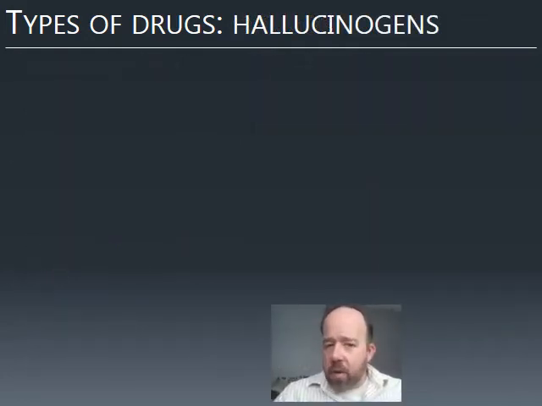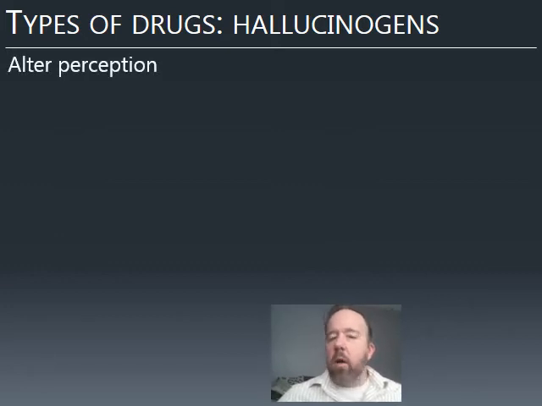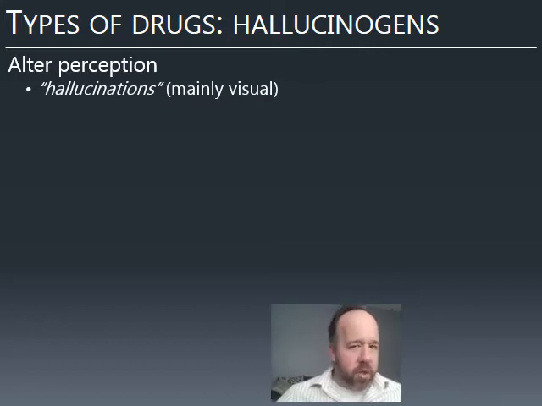Our next class of drugs is the hallucinogens, and these are chemicals that alter perception in some way. Now, typically, this is visual perception, and we might say they produce hallucinations. Technically, what they do is alter perception. So hallucinations are things that aren't there. So in schizophrenia, people have auditory hallucinations.